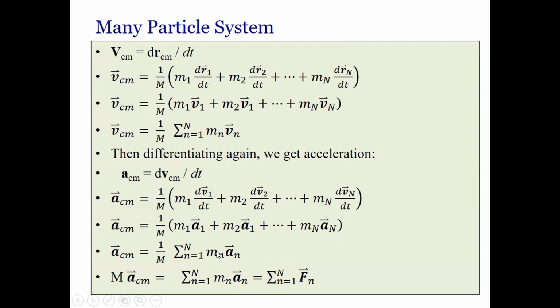And in abbreviated form, it is the sum of mn an, from n equal to 1 to n, divided by m. So mass times acceleration is given by this, which is really the sum of all the forces, which is the net force.